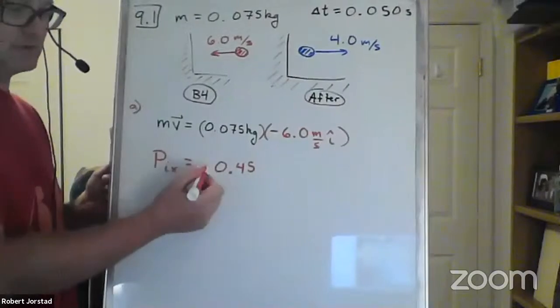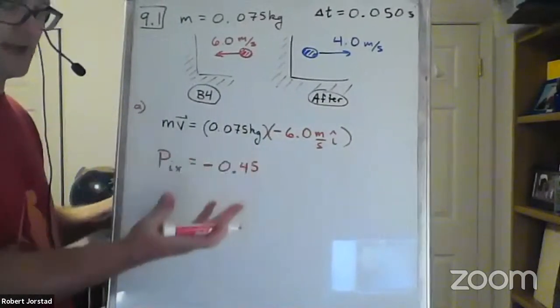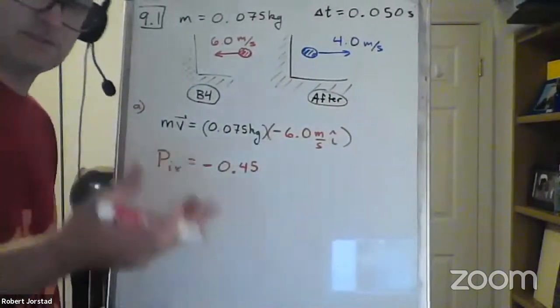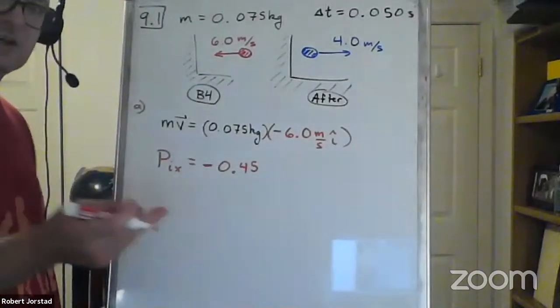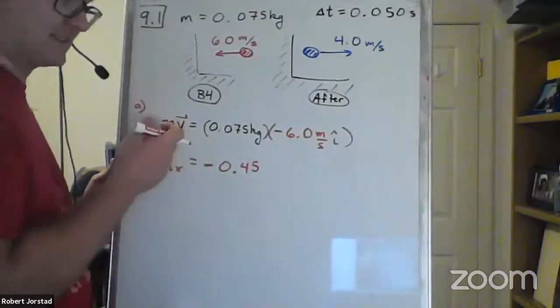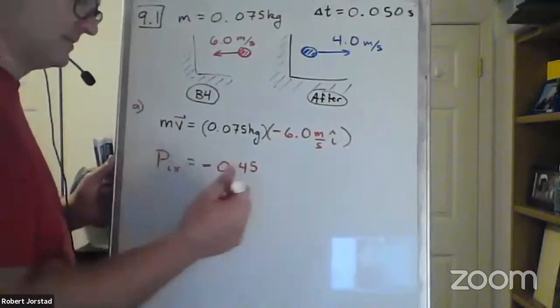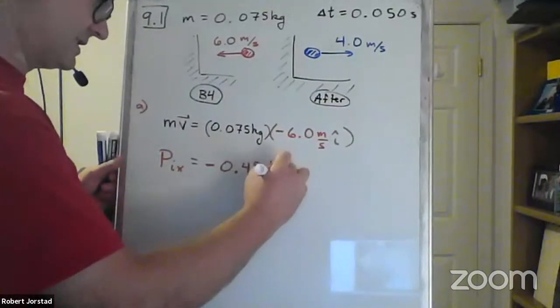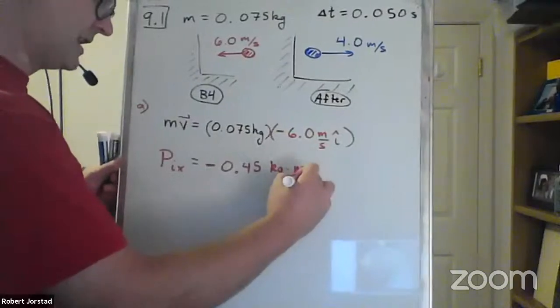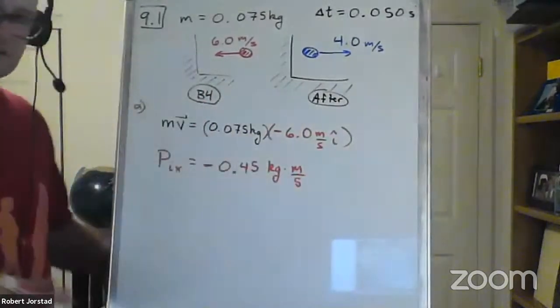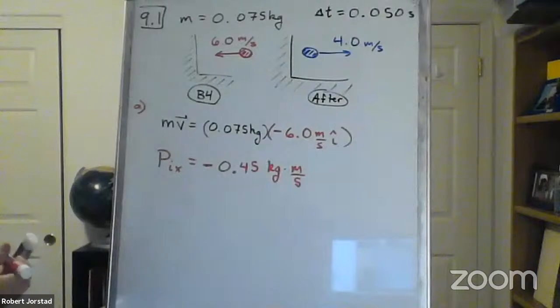So sometimes what we'll do is we'll include the minus sign, but not the i hat, just like in chapter 2 and chapter 4. So because it's that velocity vector, the minus sign matters. And I'll show you why in just a second. Don't overthink the units. They're just kilogram meters per second. We don't have a special unit for this.